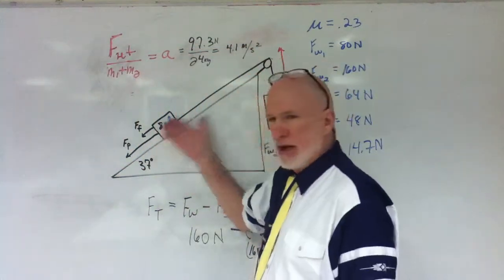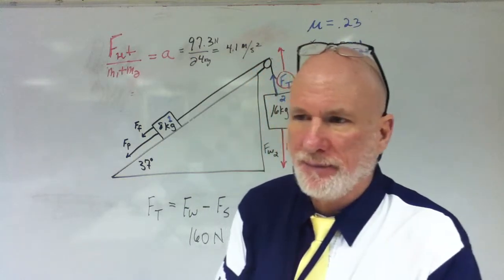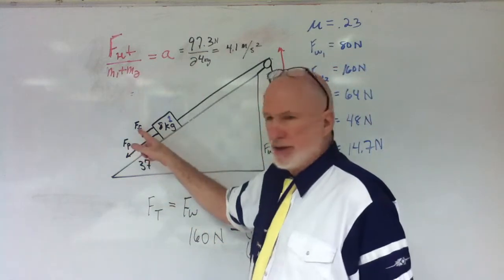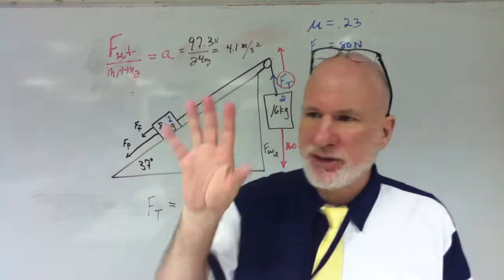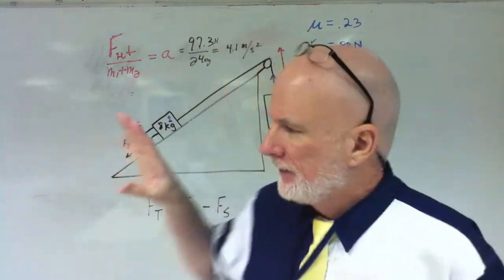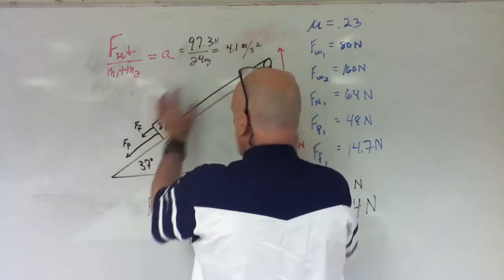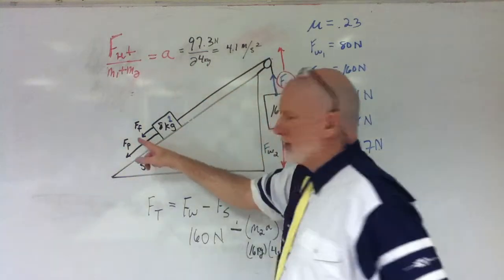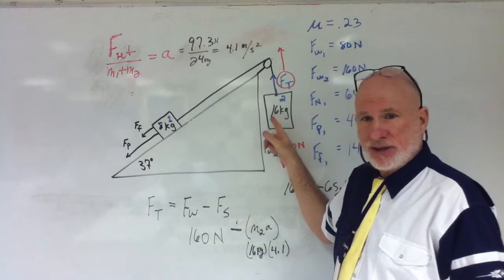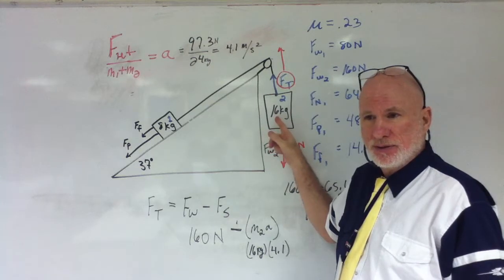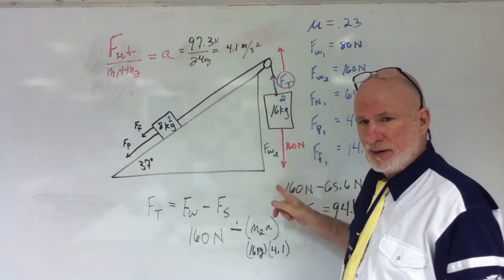We found the acceleration of the system. We have a free body diagram. The contrary forces are both negative because we're saying that the direction of motion is going to be positive, that this system will go like this, and these are contrary. 160 newtons, 16 kilograms will accelerate it, correct?